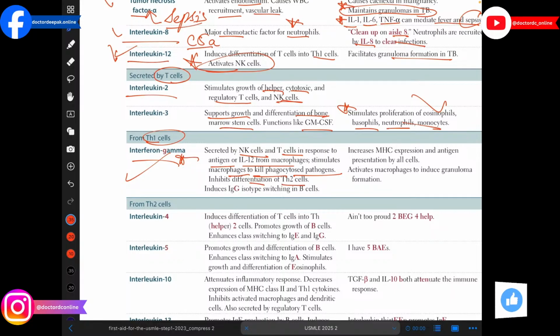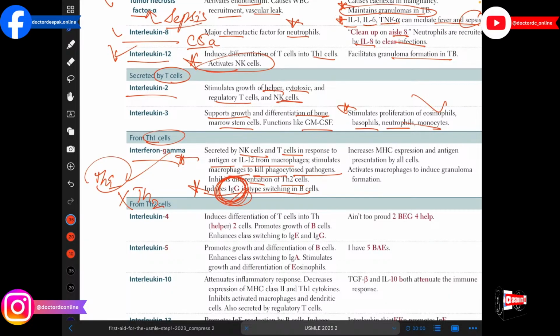It inhibits differentiation of T helper cell 2. And it induces immunoglobulin G isotype switching in B cells. Interferon gamma, the first thing, is going to switch to IgG. Secondly, interferon gamma comes from T helper cell 1, so it is going to inhibit helper cell 2.